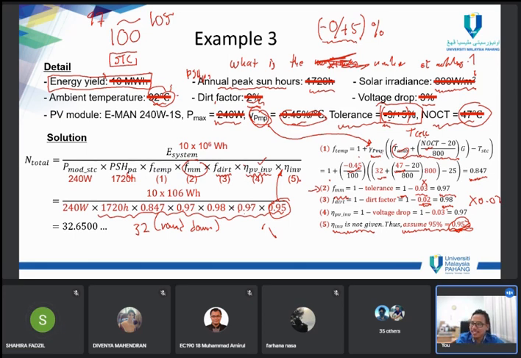Kita tanya Naufal. Lama tak dengar Naufal. Skip. Kantoi situ, Naufal. Yes, sir. Majority of your friends telling that we need to go round down and we get the 32. What about you?